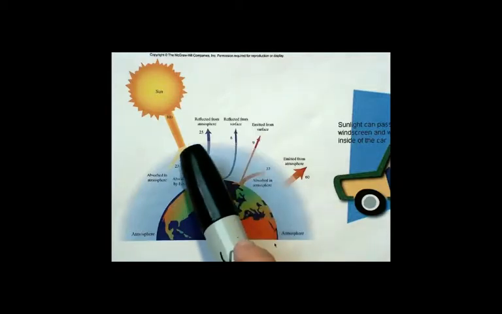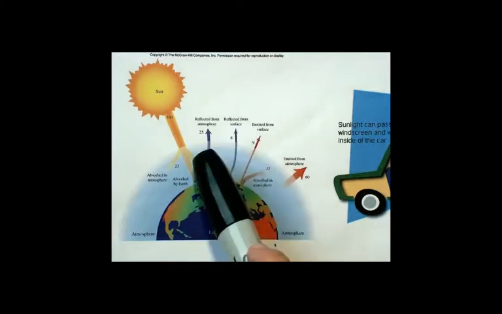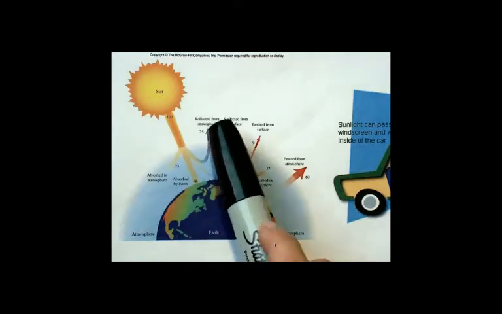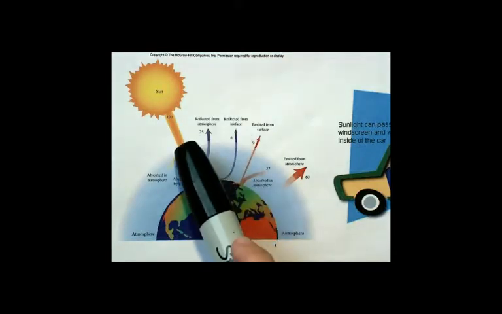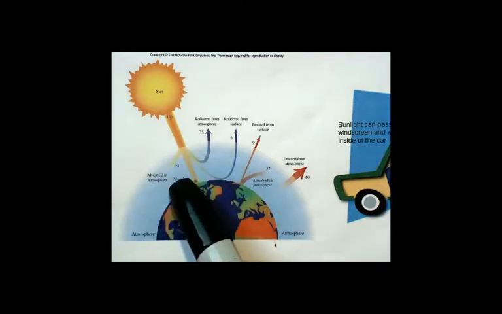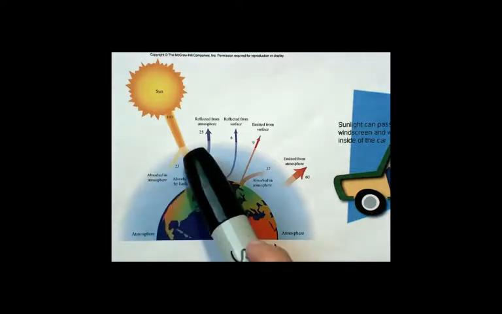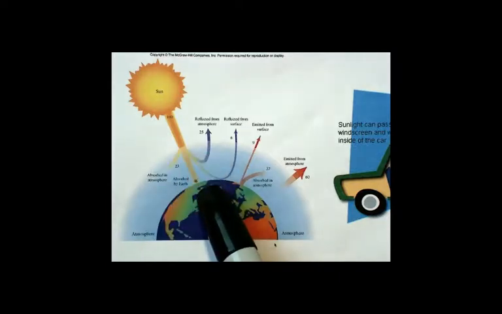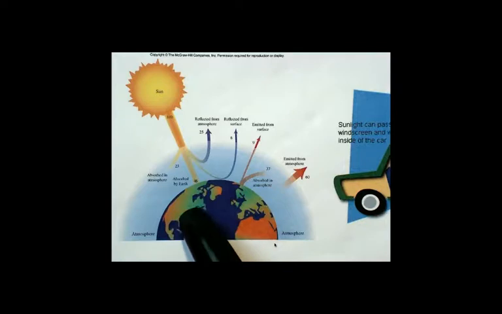Now the reflected is going to be reflected in the form of visible light. The absorbed by the atmosphere, it's the infrared radiation that's being absorbed by some particles, some molecules in the atmosphere, and the visible and the infrared both can be absorbed by the earth.